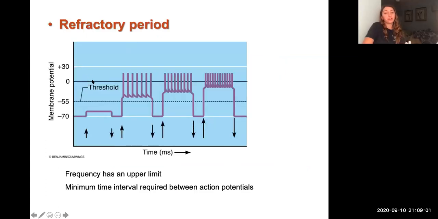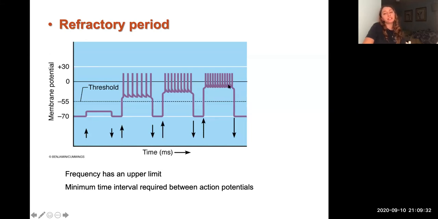So refractory period. Frequency has an upper limit, which just means there is a limit to how many action potentials you can have in a given time. As you can see right here, time is going this way. Obviously in this one it doesn't reach threshold. This one it does, but it's not a very big stimulus, so there's space between them. Now in this one there's an even bigger stimulus, and there's even less time between each of the action potentials.